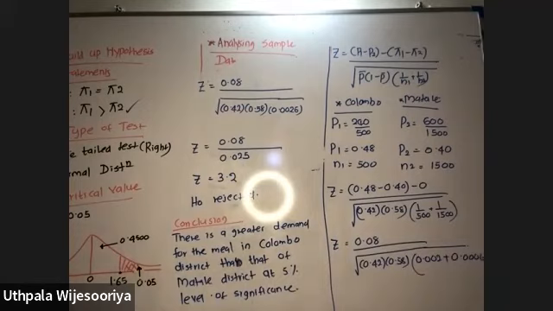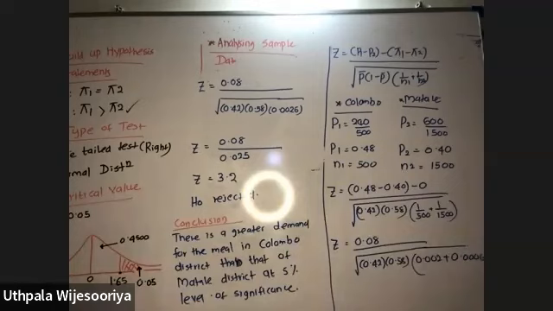The next one is 2.8 chi-square distribution.